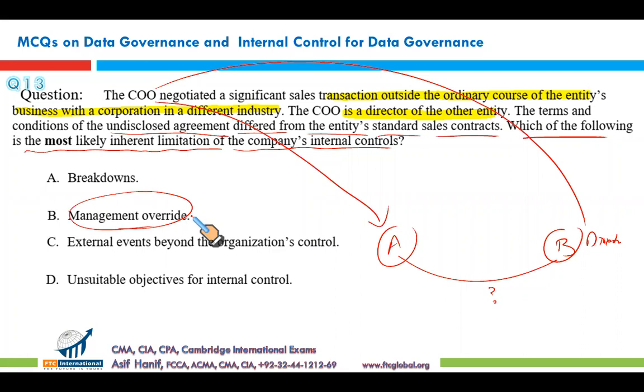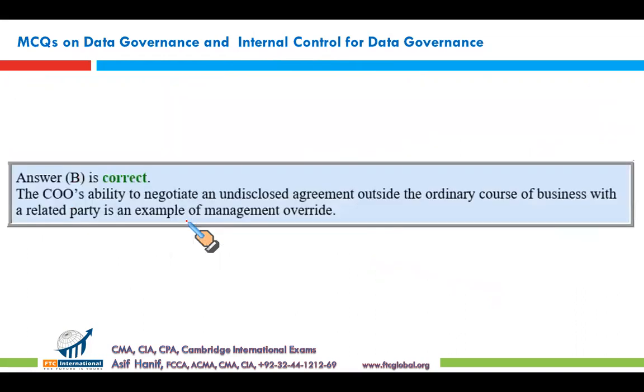This question relates to the topic we'll discuss in the next class on internal controls and the COSO model. This is an example of when management goes beyond the rules and breaks the rule. It is called management override. When management overrides a control that is set in place, when management breaks the control, this is called management override, and that makes B the correct option.